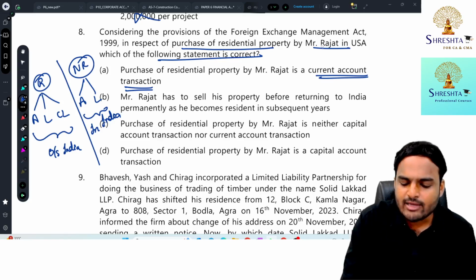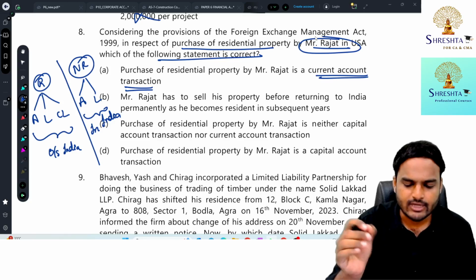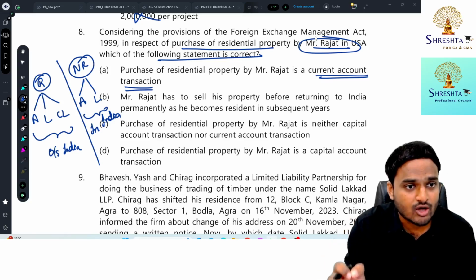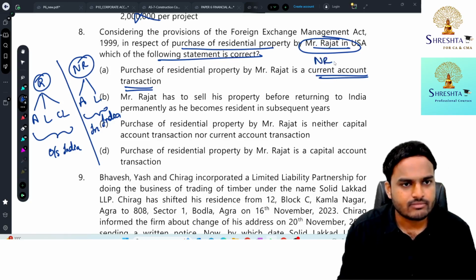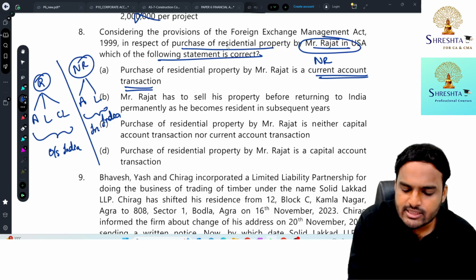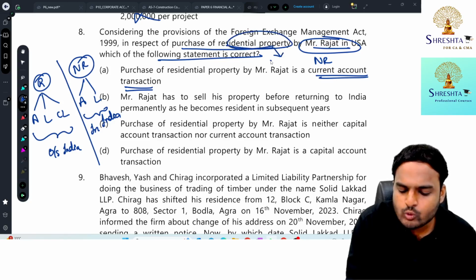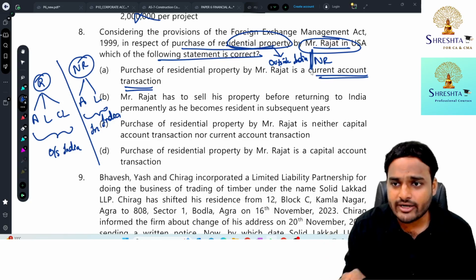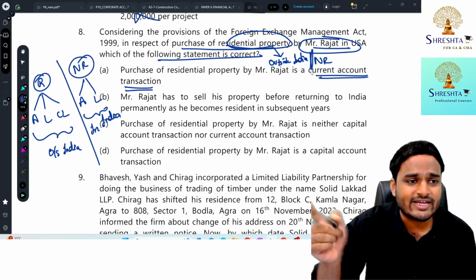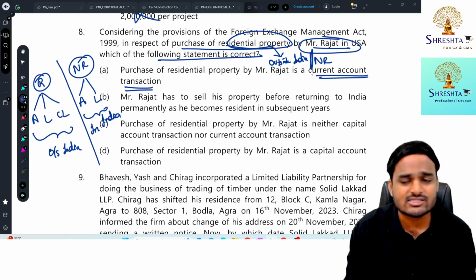Understood? At the time of acquisition of the residential house property, Mr. Rajat is a non-resident. And this residential property is situated outside India, not within India. So a transaction altering a non-resident's assets outside India is not a capital account transaction, first of all.